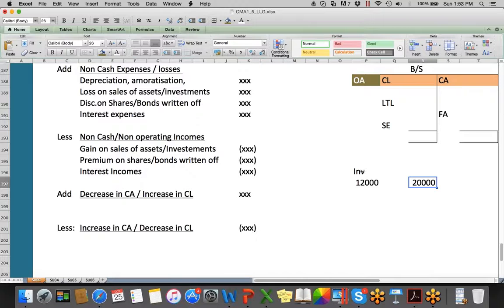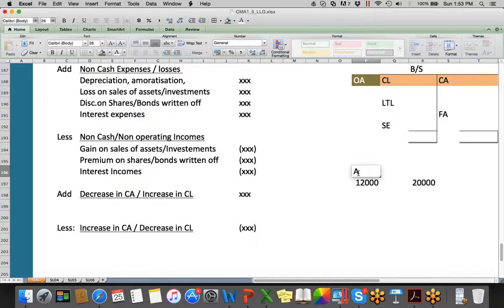Inventory is a current asset which was 12,000. Now the inventory value is 20,000 with you. How did it increase? Because you purchased. When you purchase inventory in stock items, you pay cash. So increase in current asset will decrease your cash balance. Therefore, it is an outflow. Outflow means cash goes out of your business.